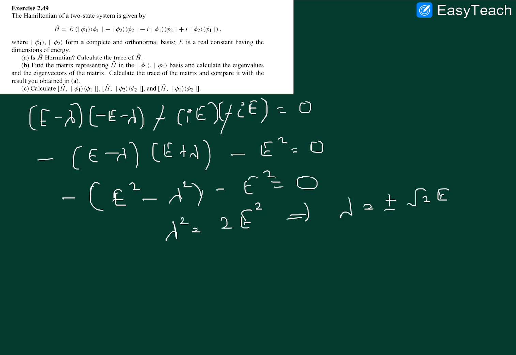We need to find the eigenvectors of this matrix.